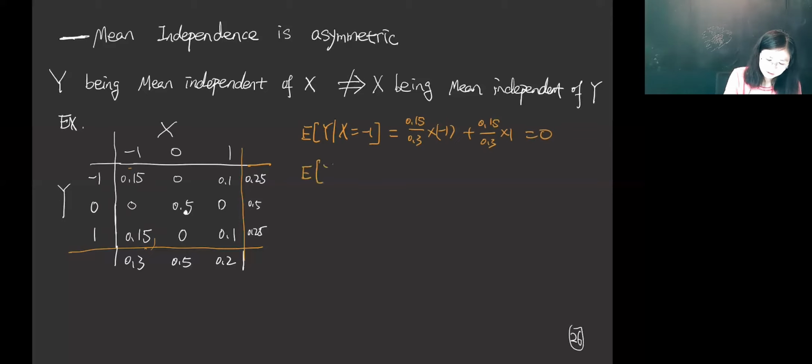And now the conditional mean of y given x equals 0. That is also clearly 0 because when you look at the second column corresponding to x equals 0, it gives positive probability to only the value 0 for y.